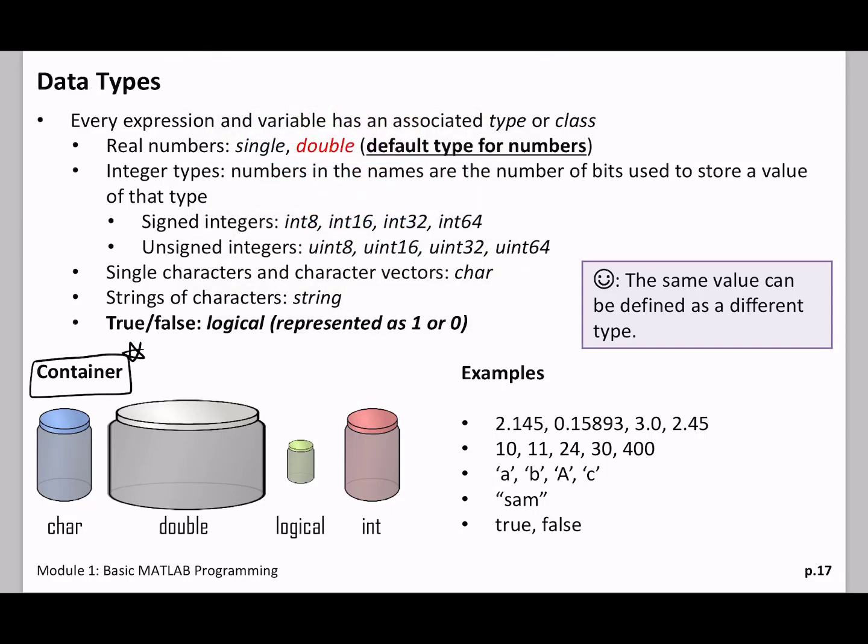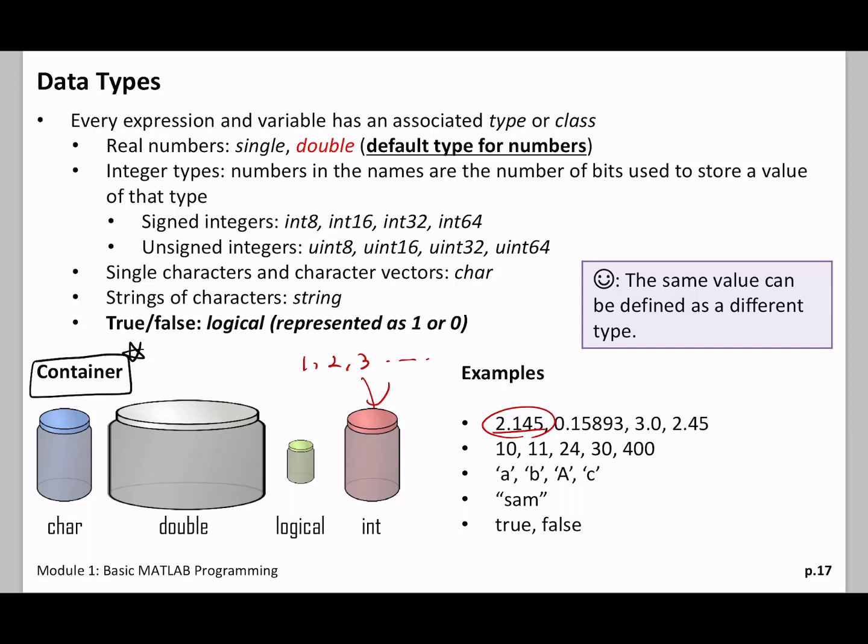If you define an integer value like 1, 2, 3, we don't need a huge container. But if you're dealing with a large number or large decimal points, like 2.145 or something like that, you will need a bigger container to represent this high-precision numeric value.